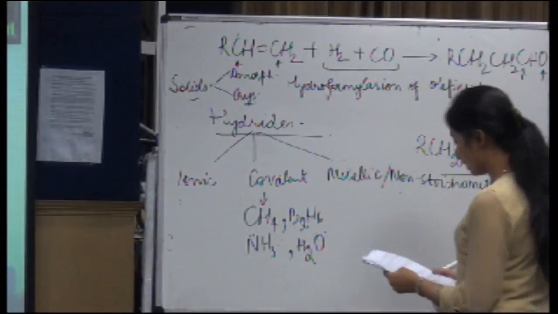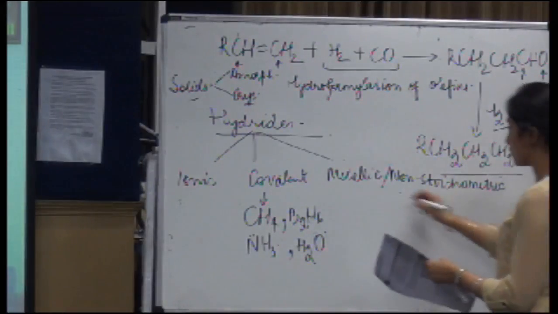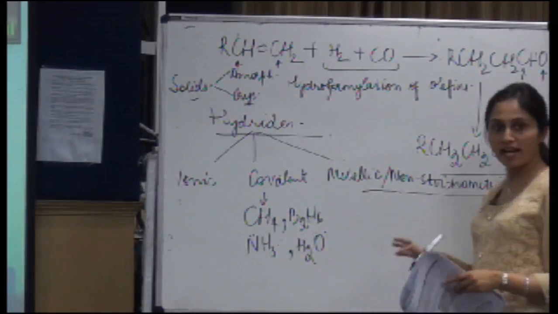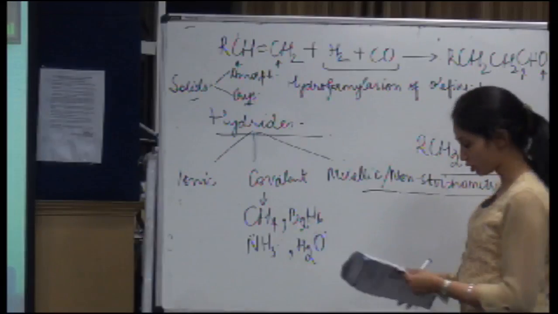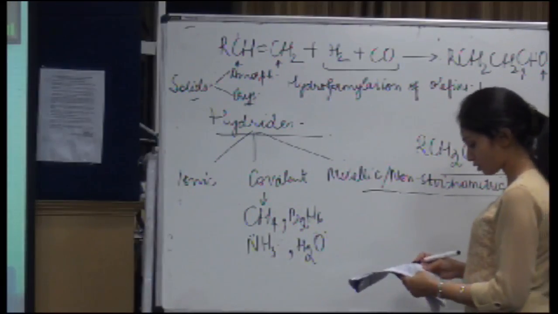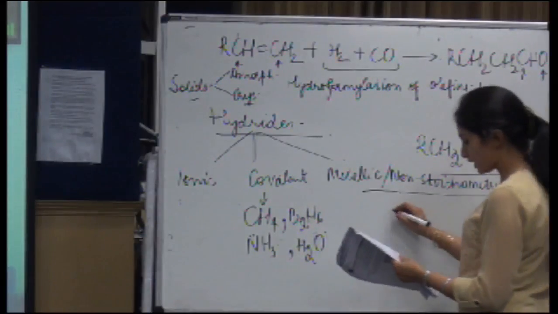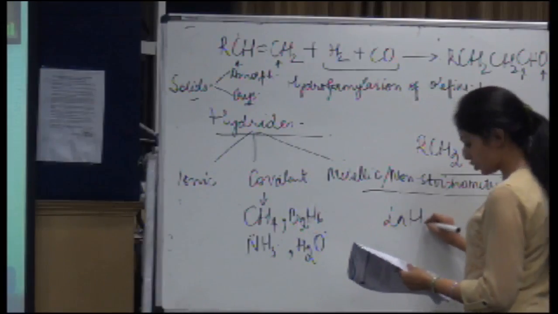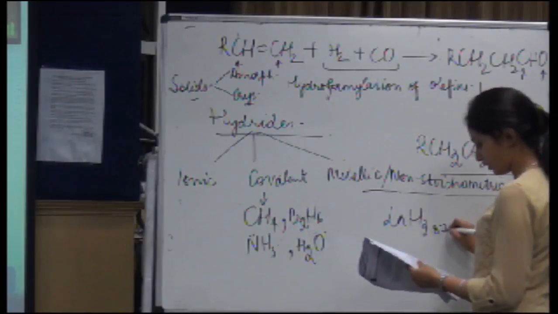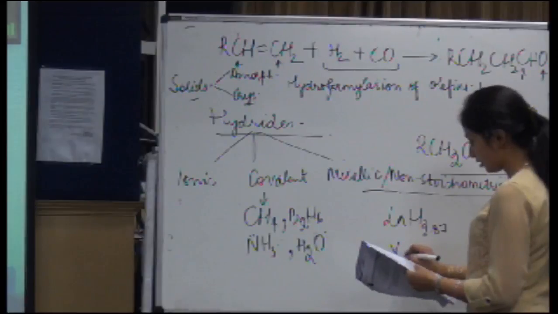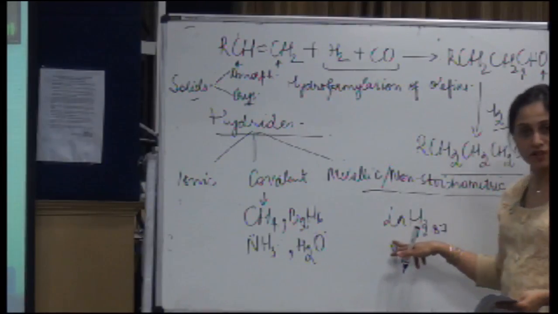Okay. So in metallic hydrides, let me just talk about the last one. You have metallic or non-stoichiometric hydrides also. When I talk about non-stoichiometric hydrides, they are of the type LaH2.87. These are all your transition elements.